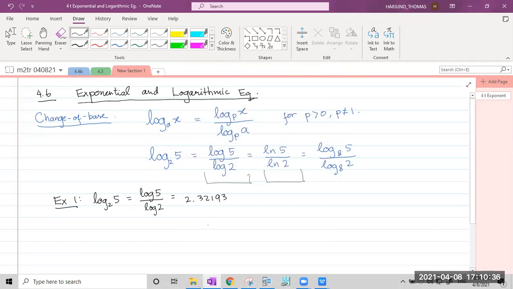We call the first two forms the exact solution. This one is approximate, which means it's already rounded to 5 decimal places.